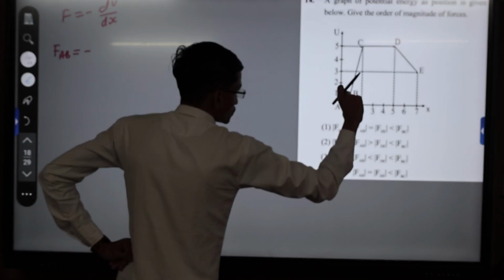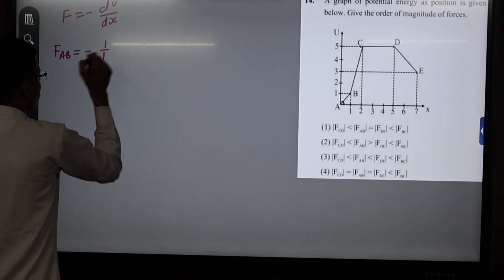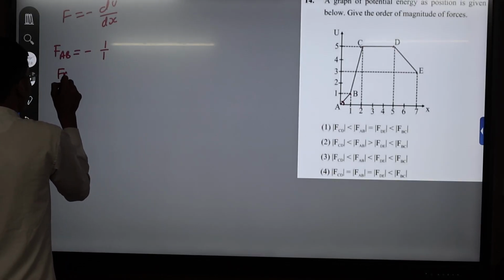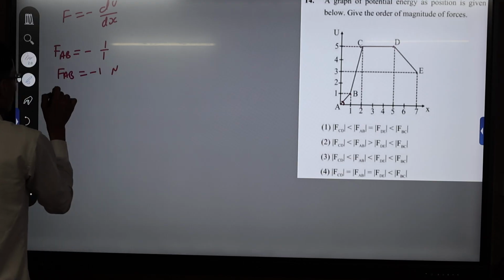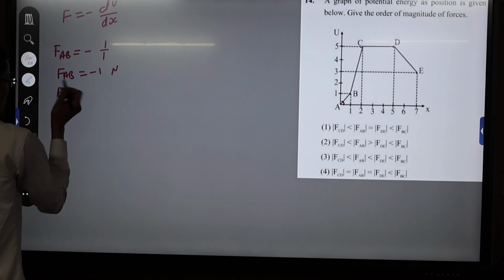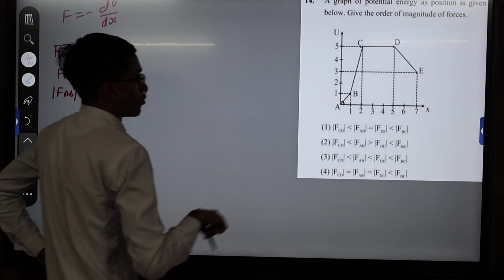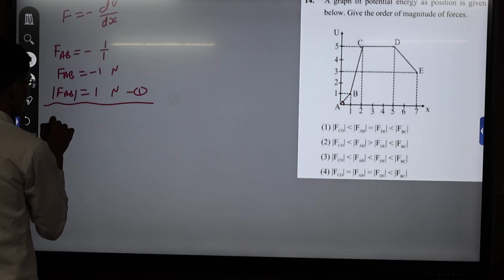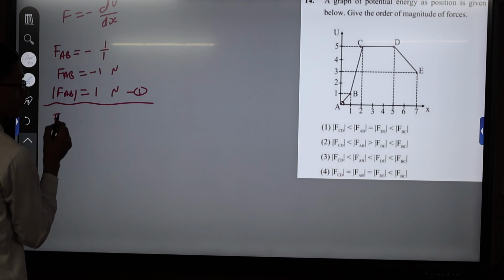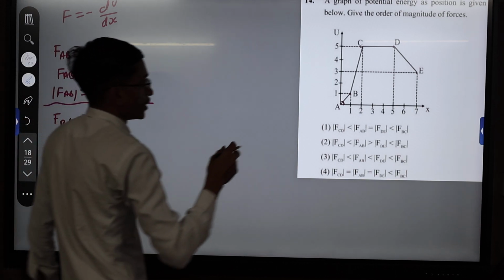This is theta, so this length is 1 by 1. So we can say that the slope is 1 by 1. So FAB is equal to minus 1 Newton, and we have considered only the mod. So FAB is equal to 1 Newton. Okay. For the second region B to C, force BC is minus of dU by dx.